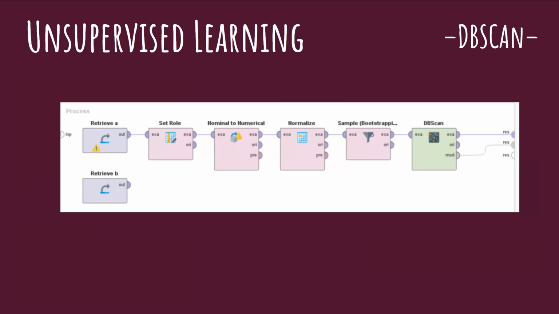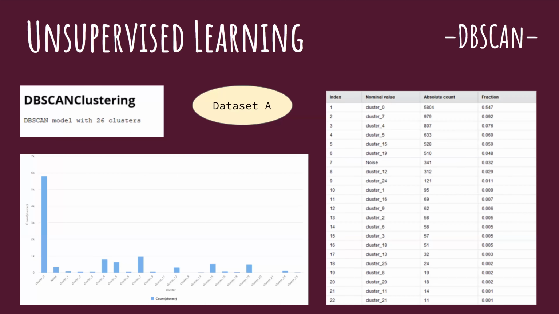Moving on to DBSCAN. DBSCAN is a density-based clustering algorithm, and all I do is I set the role, do nominal to numerical, normalization, sampling, and then apply the DBSCAN clustering method.